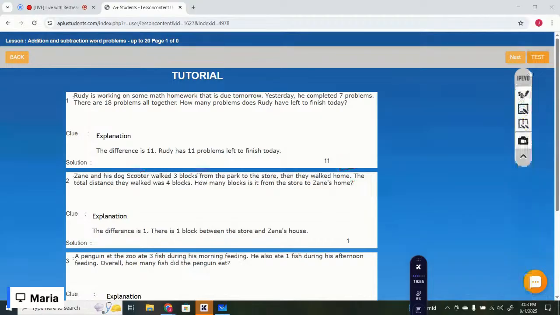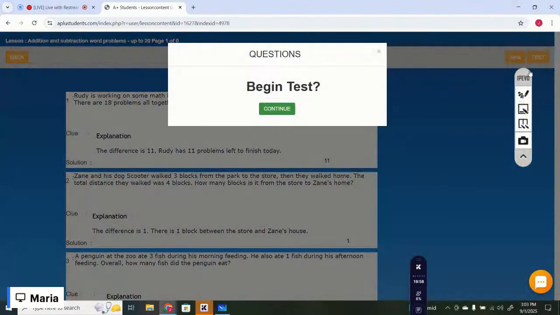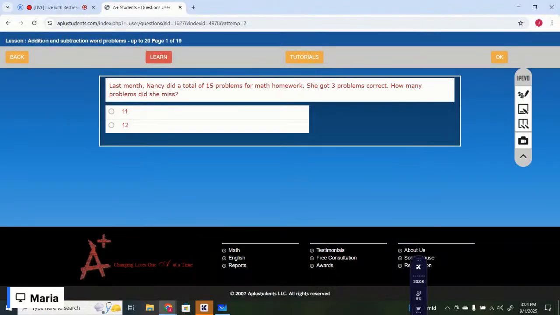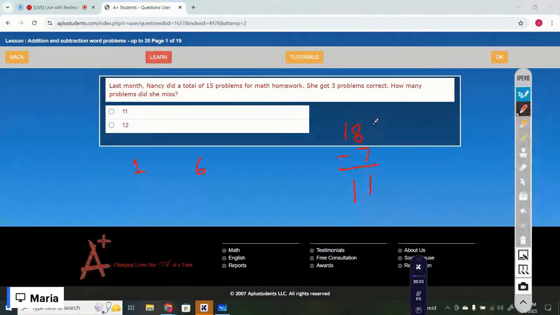Let's just start with the test questions. Last month, Nancy did a total of 15 problems for math homework. She got 3 problems correct. How many problems did she miss? So you have to do 15 take away 3.